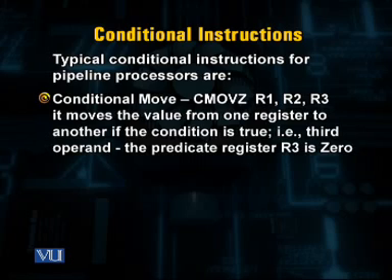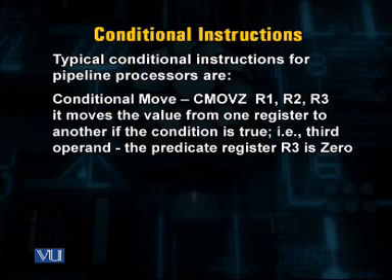In MIPS architecture, this move instruction can be written as CMOVZ, where this instruction specifies that it is a conditional move if the additional register has got a value equal to 0.